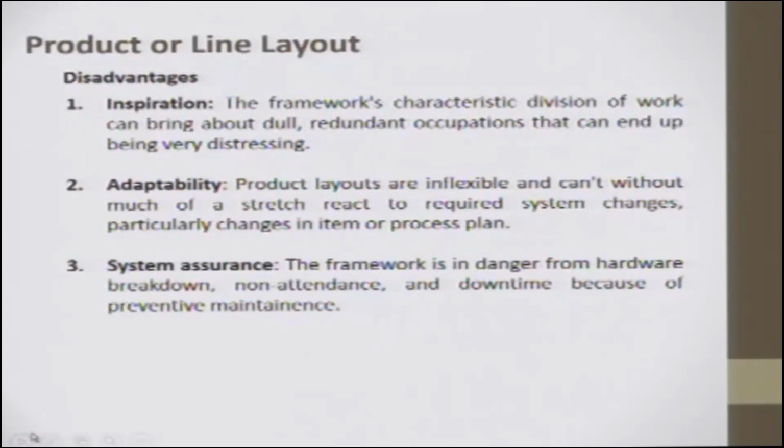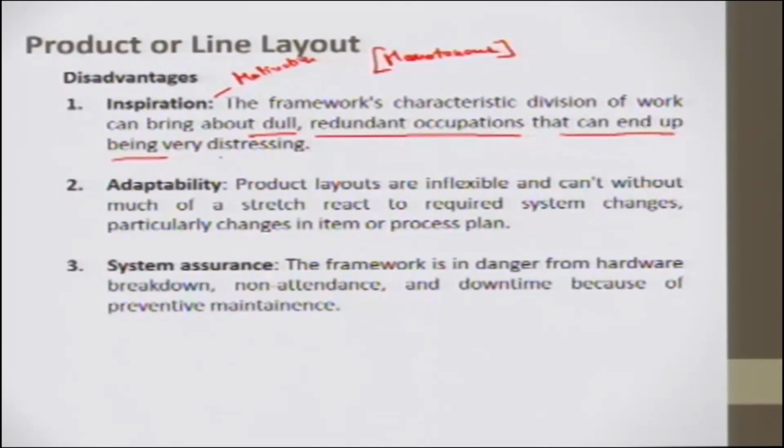Disadvantages: the motivation, because of the monotonous nature of the job. The division of work in this layout can bring about dull or repetitive jobs that can end up being very stressful. So some fatigue can come.